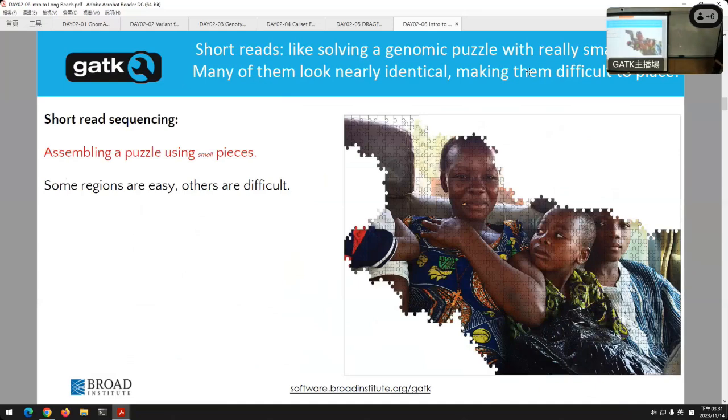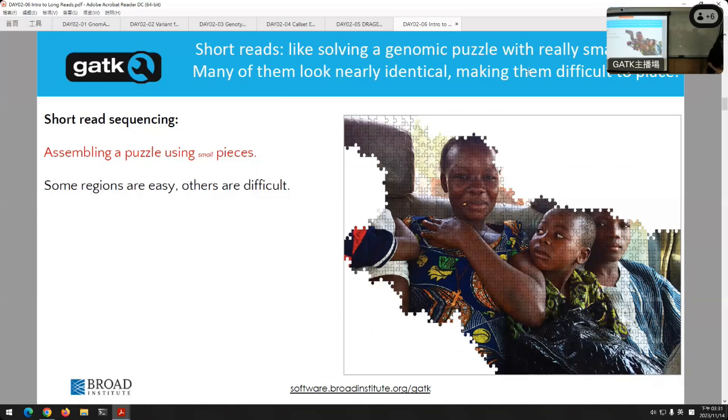Here is a metaphor to get that point across. With short read sequencing, you have all of these very small fragments. You can think of them as puzzle pieces, and you're trying to assemble the puzzle to get a full picture of your sample's genome. But this is a very difficult, advanced puzzle.